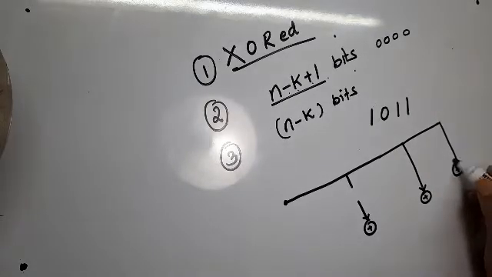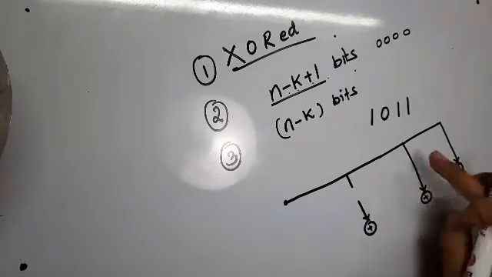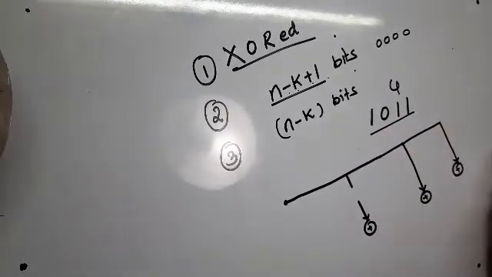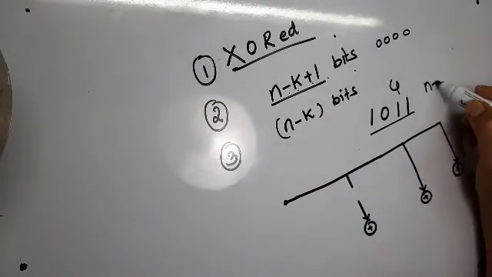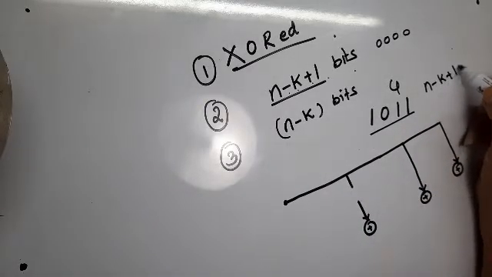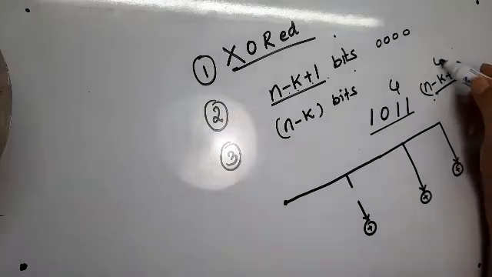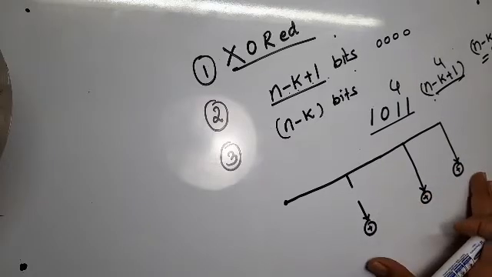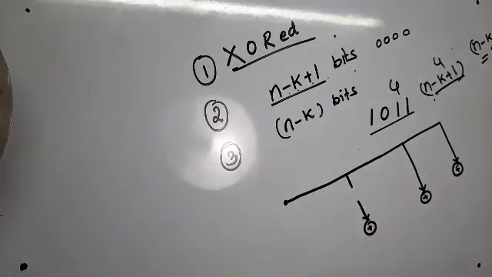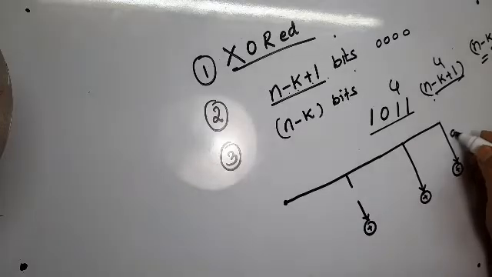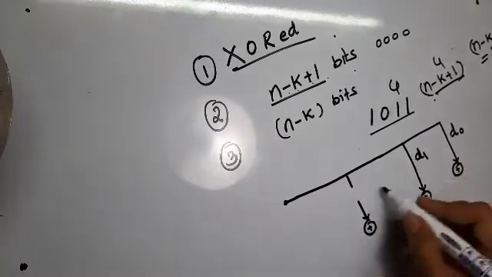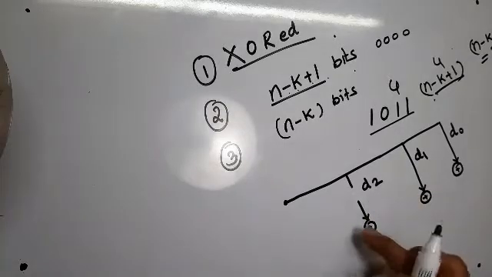In this case I have 4 bits in the divisor, that is n minus k plus 1 bits. If it is 4, then n minus k is 3. Only 3 bits of the divisor will be used in the XOR operation. Fine. So then this will be my D0, this will be my D1, this will be my D2.